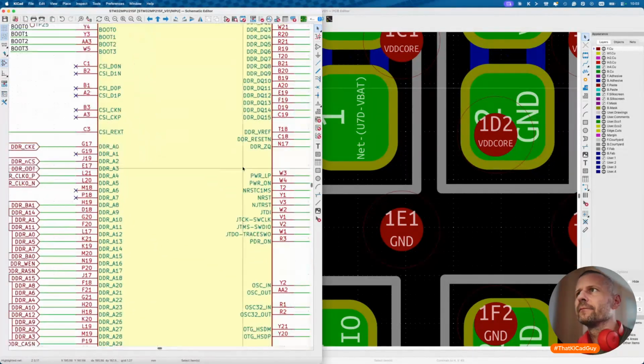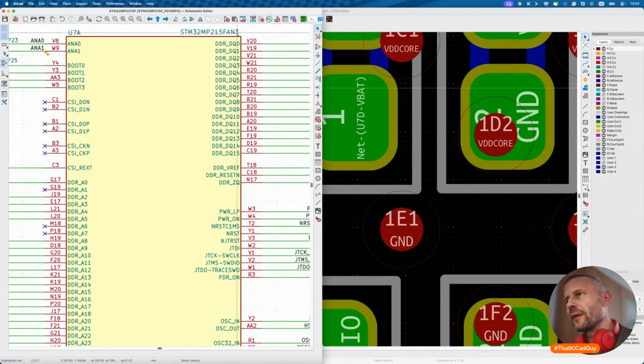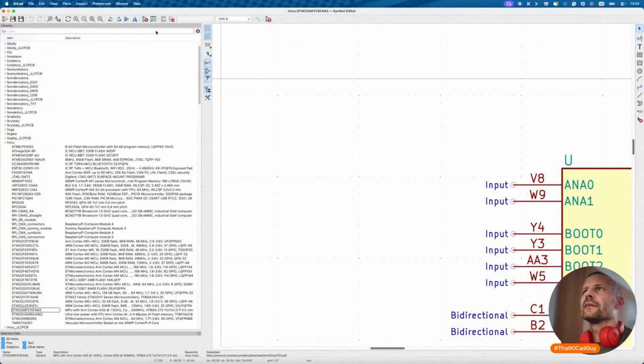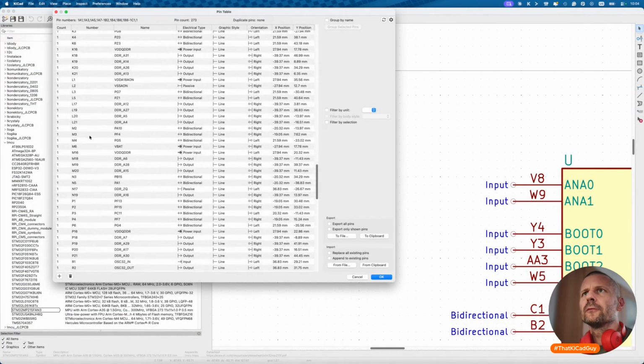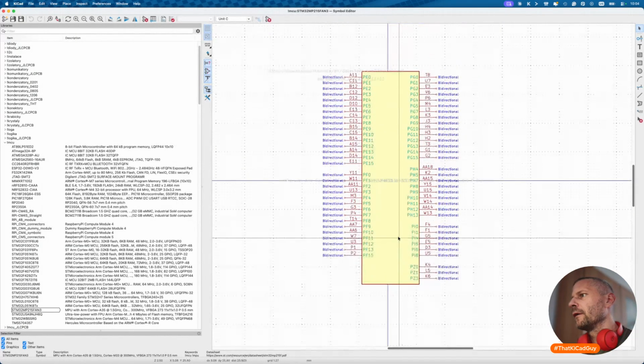K6. I don't know where it is. K6. Here. It's PZ3.